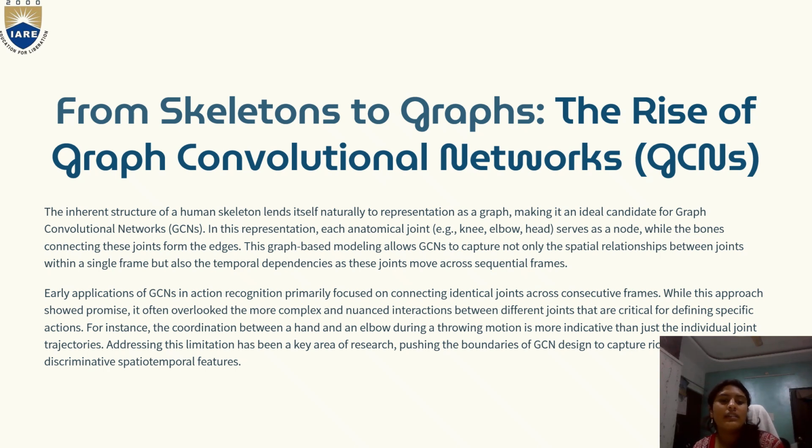For instance, coordination between a hand and an elbow during a throwing motion is more indicative than individual joint trajectories. Addressing this limitation has been a key area of research, pushing the boundaries of GCNs, graph convolutional networks, to capture richer and more descriptive features.